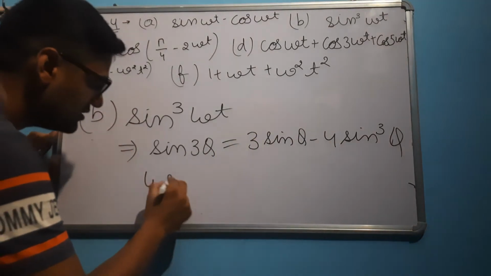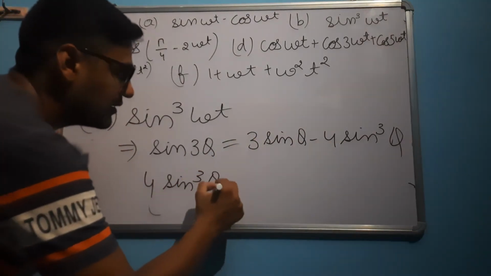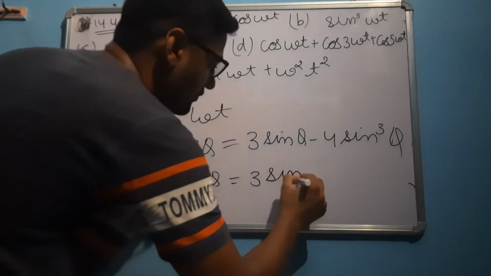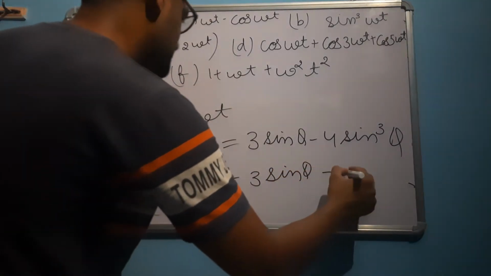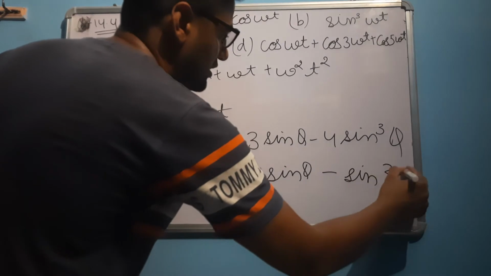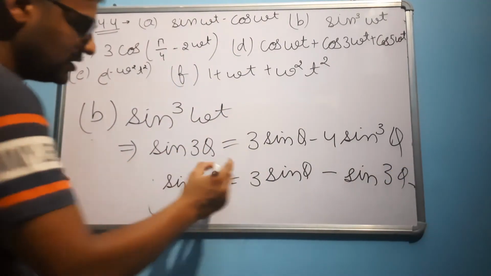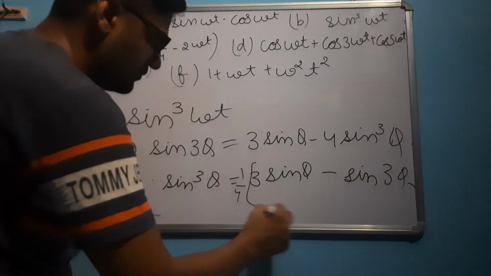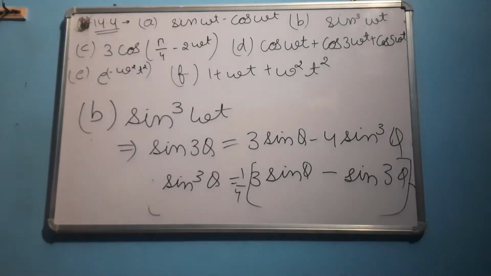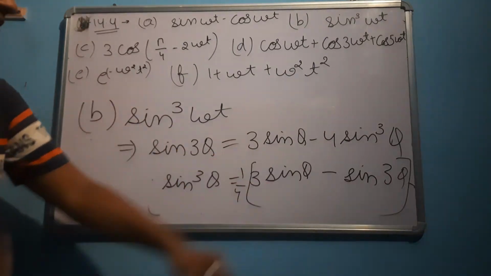Take this to this side, and take the 4 to the other side. It will be equal to 1 by 4 times 3 sin theta minus sin 3 theta.